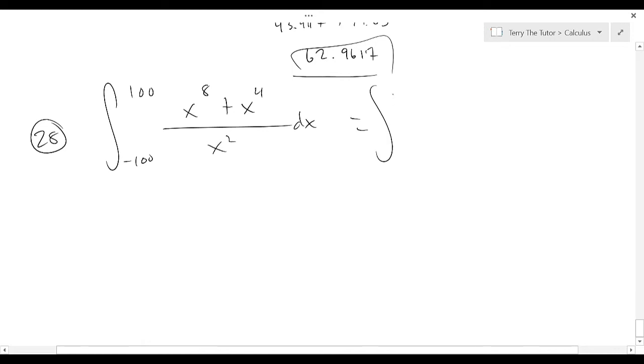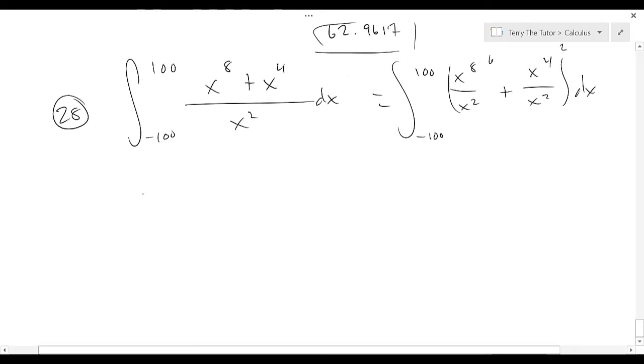So I've got the integral from negative 100 to 100 of x to the 8th over x squared plus x to the 4th over x squared dx. And these can reduce. If I'm dividing like bases, I subtract the exponents. So 8 minus 2 is 6. 4 minus 2 is 2. So my new integral is the integral from negative 100 to 100 of x to the 6th plus x squared dx.